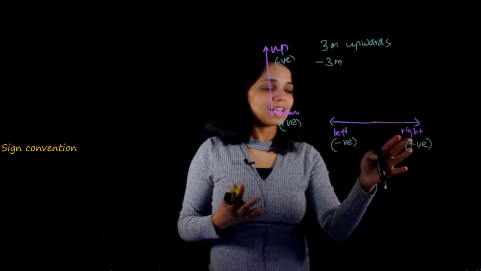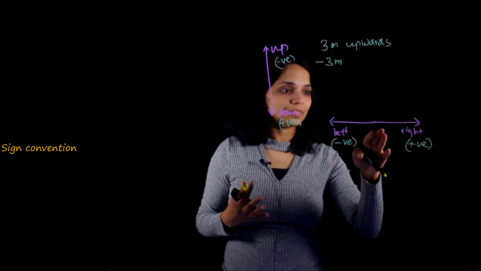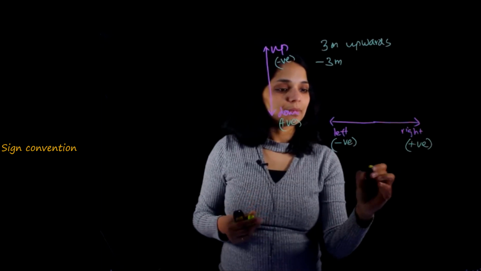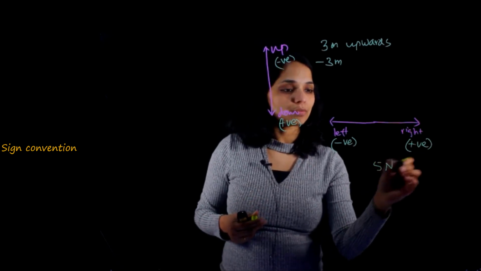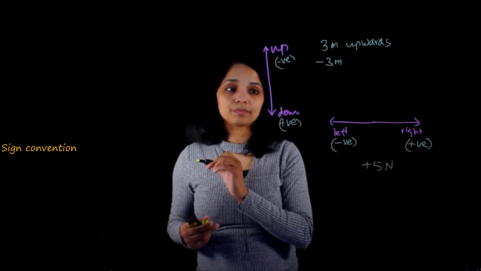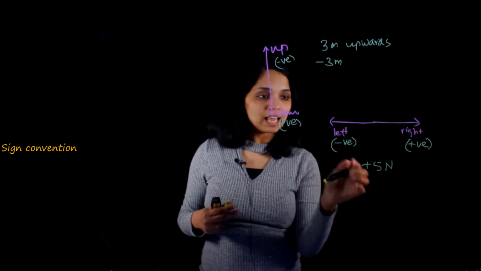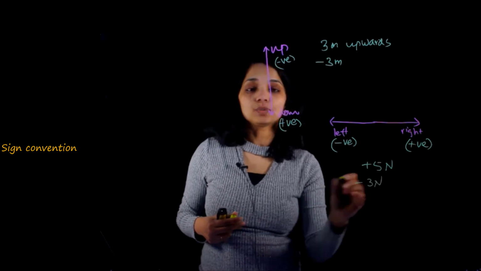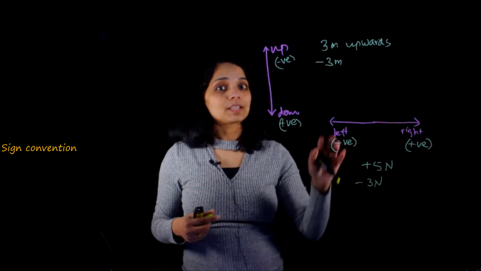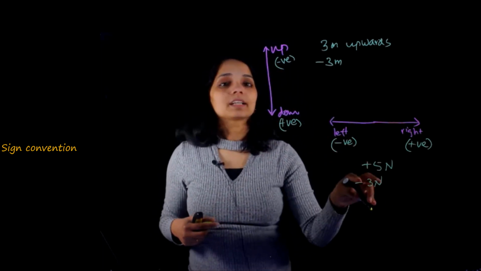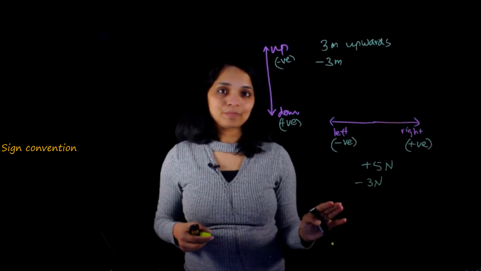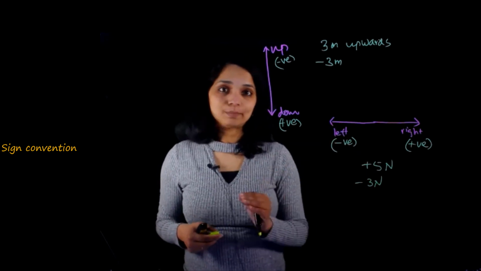If I'm taking an example in here, if I'm saying 5 Newton to the right, I can say plus 5 Newton. And if I'm taking 3 Newton to the left, I can say minus 3 Newton. So the physical direction is converted to a mathematical sign, and the calculations become really simple.